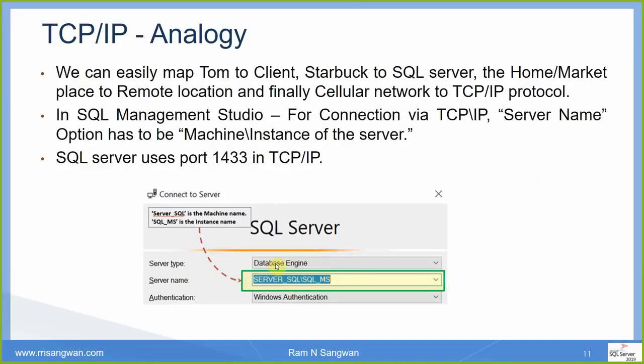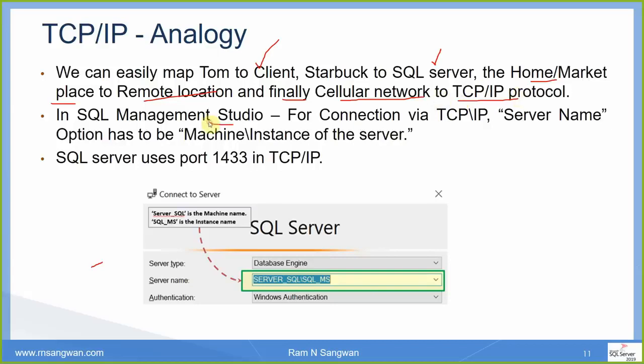So compared to this analogy here, we can easily map Tom to the client, Starbucks to the SQL Server, home or marketplace to the remote location, and finally the cellular network, that is telephone, for TCP/IP protocol.